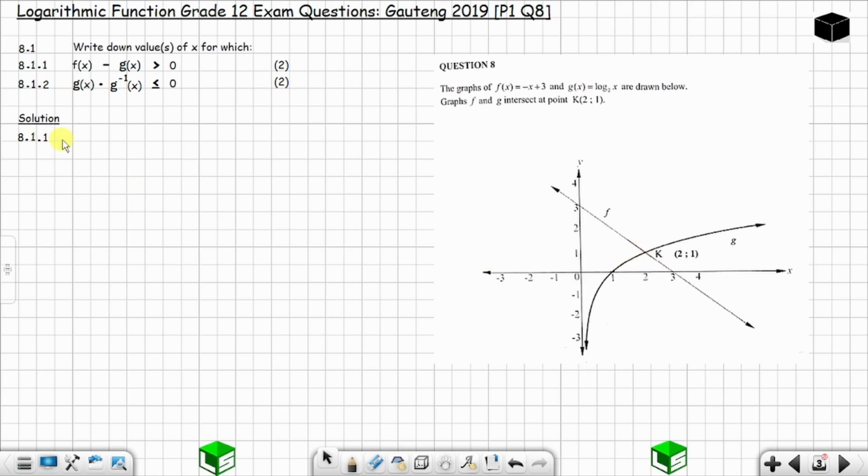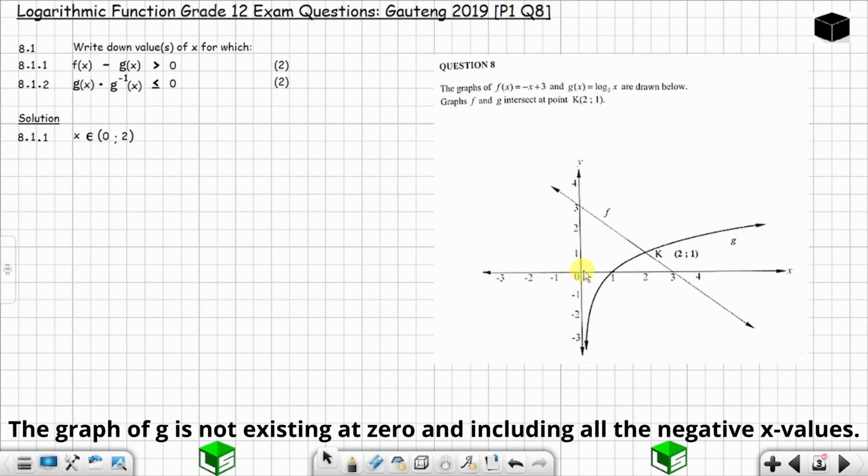So the answer to this is x element of from 0 to 2, and 0 is also excluded because at 0 the graph of g is not existing, because the graph of g is not touching this vertical asymptote at 0. This is another way to answer this question.